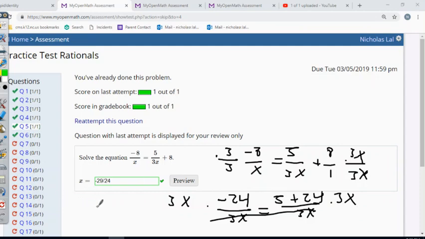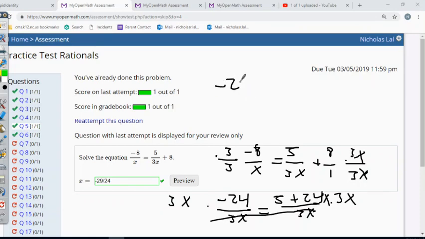So you get negative 24 is equal to 5 plus 24x, because 8 times 3 is 24. So negative 24 is equal to 5 plus 24x.